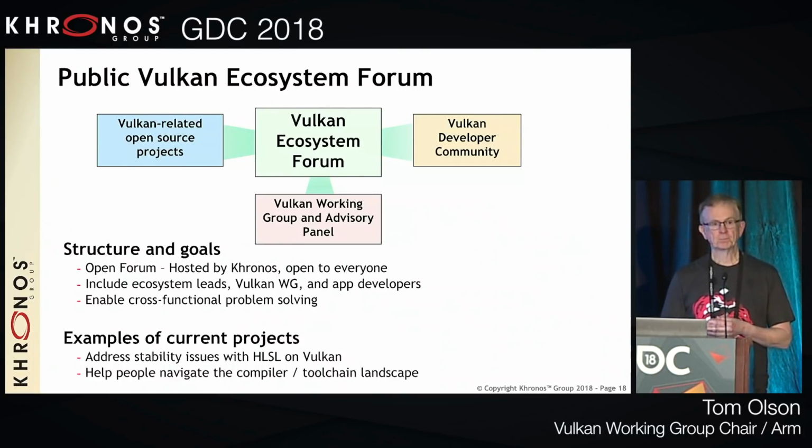Also, work on the SPIR-V validator, a tool which takes SPIR-V coming out of your tool chain and tells you if it has syntactic or semantic errors, according to the definition of SPIR-V. Another thing we're doing is trying to build a map of this very complicated tool chain landscape. A typical problem: I've got a tool which assumes that you're using a particular compiler and tool chain, and I've got another tool I want to use which assumes a different compiler and tool chain, and I can't use them together. We're trying to address that kind of problem.